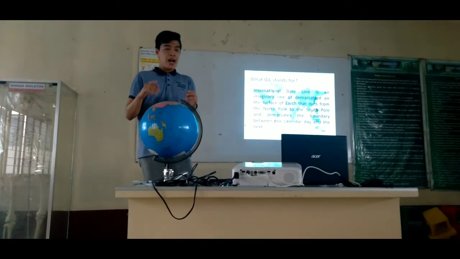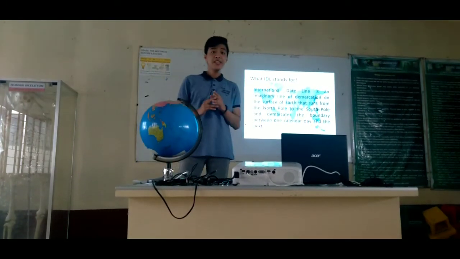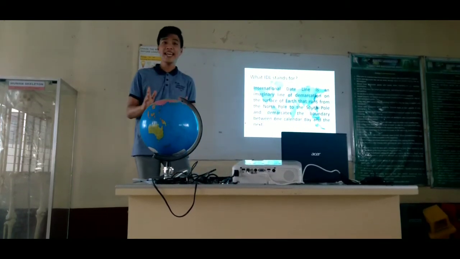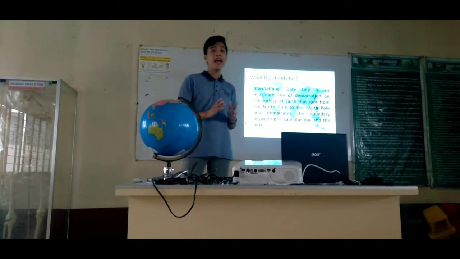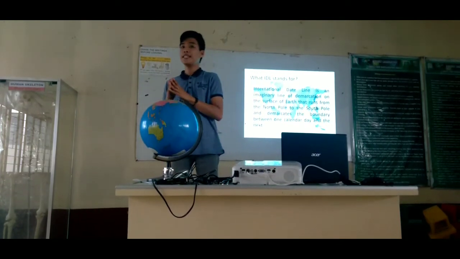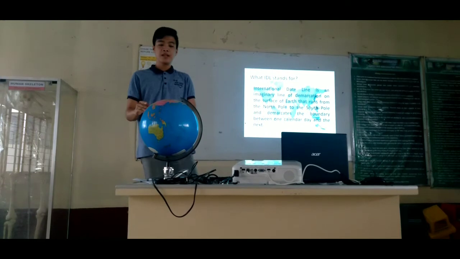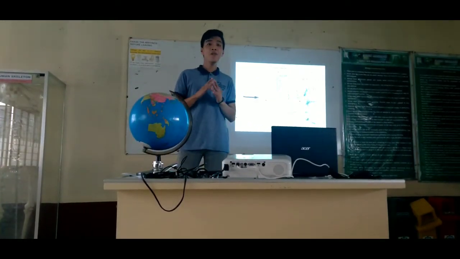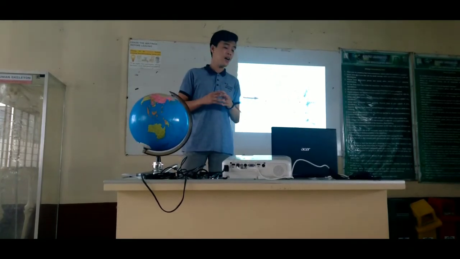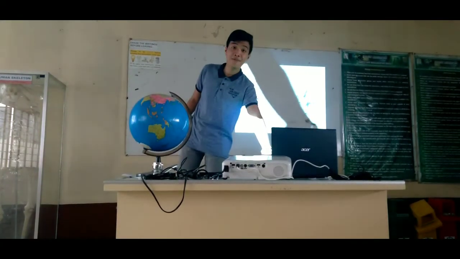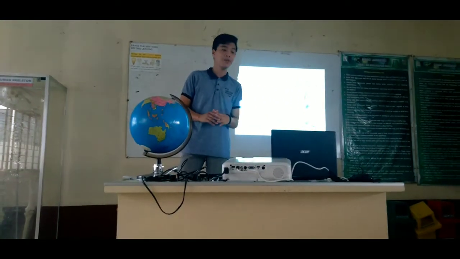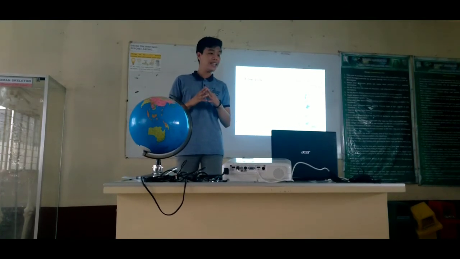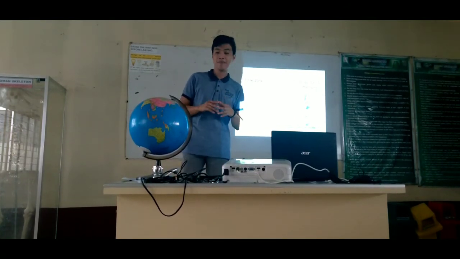So, the IDL, or the International Date Line, is the indicator to identify the time or the date of certain places on Earth. Now, another term to locate places on Earth is the time zone. A time zone is a band of longitude about 15 degrees wide in which the time is the same.